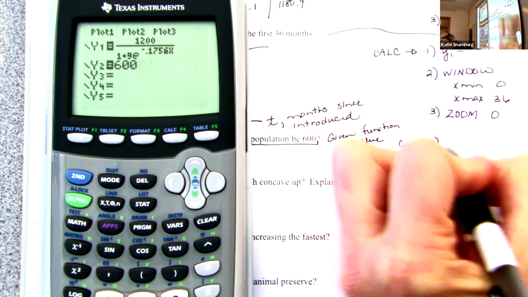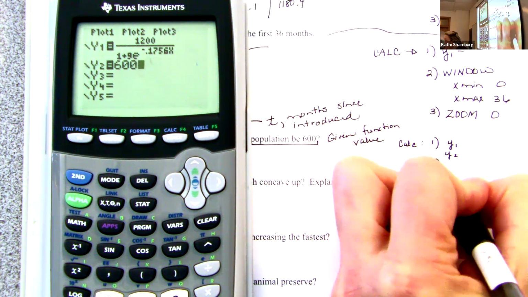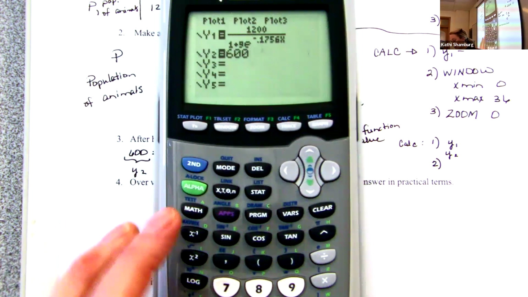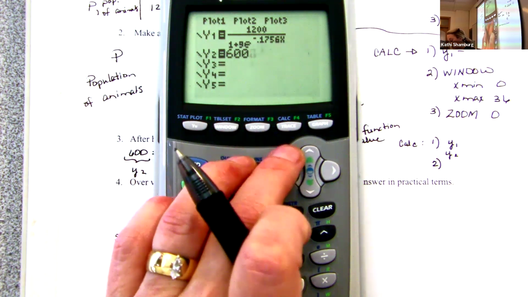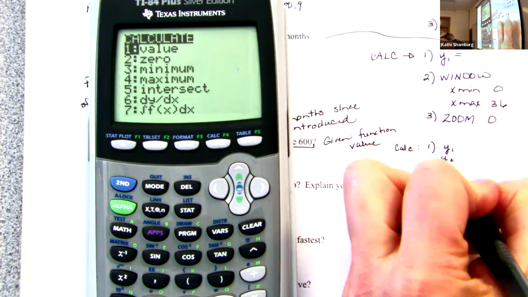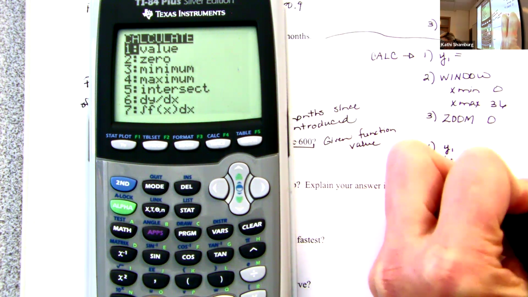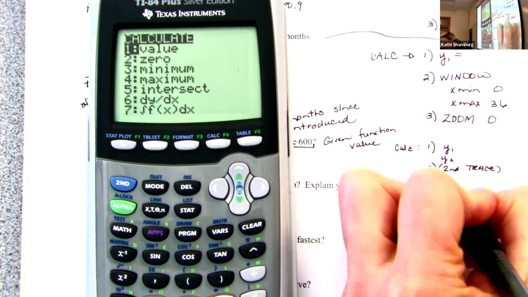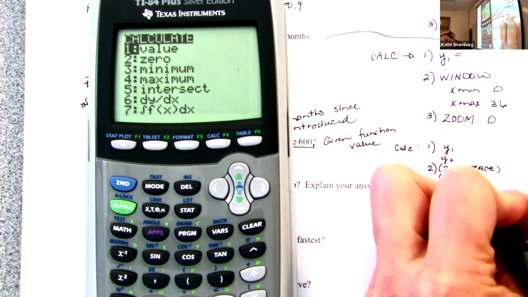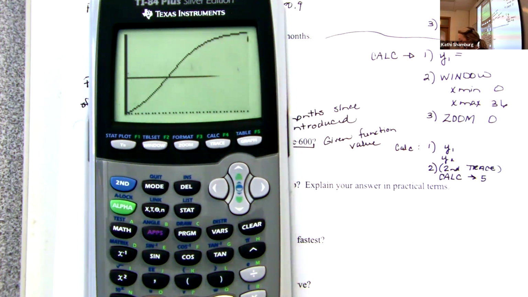And where is intersection found? So we put in y1 and y2. Second calc, which is trace. So second trace, which is calc. And then we're going to hit 5. This is where, if you recall, pay attention to where that cursor is.